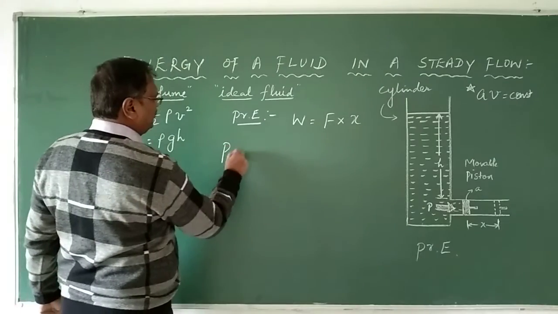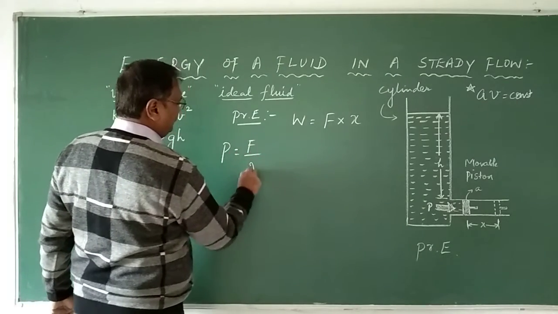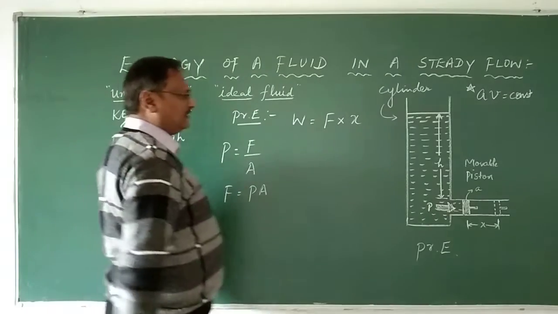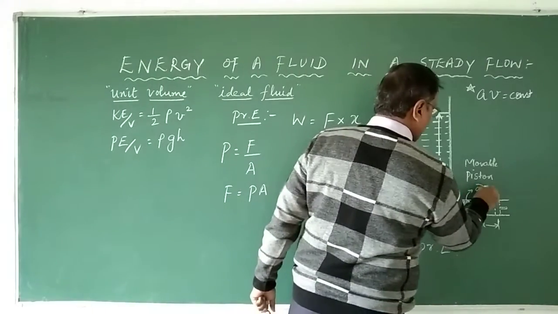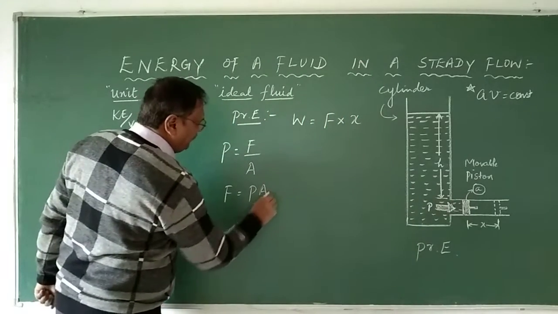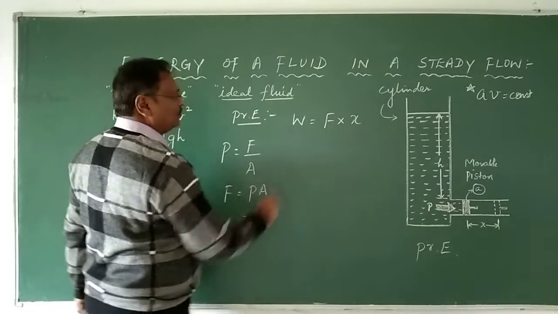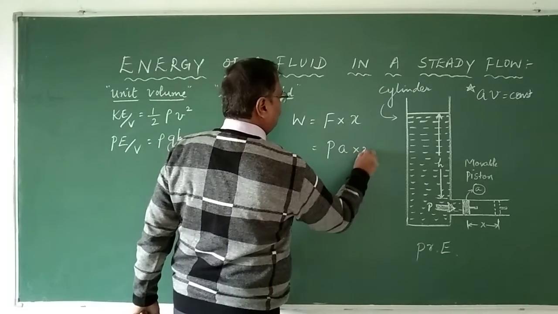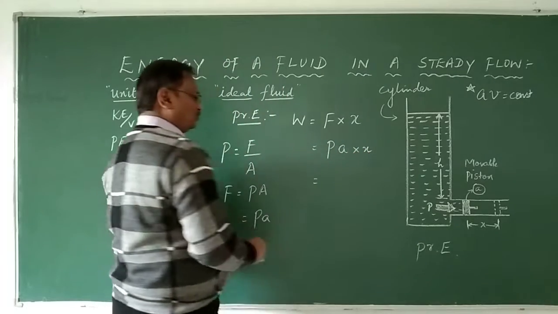We know pressure is equal to force upon area, or force is equal to pressure into area. The area of the piston I have taken is small a. So, I will make a change here, P into small a. So, let me put it here, P into small a into x, that is equal to, right?